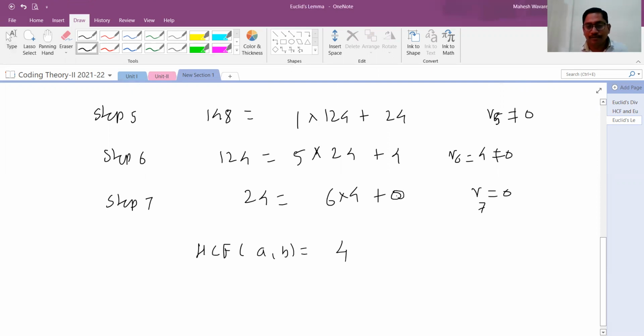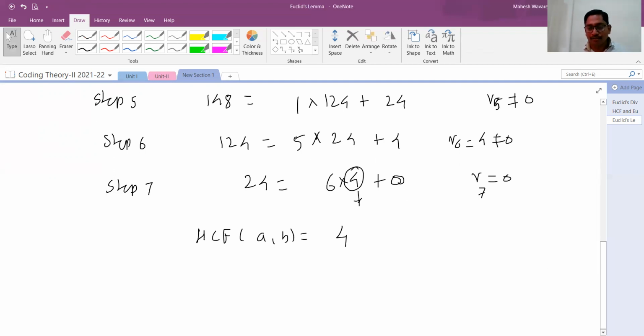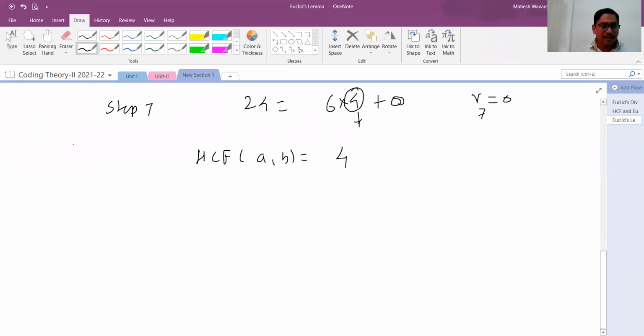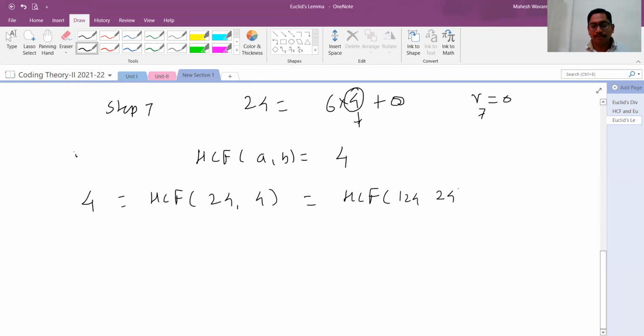The step at which you get remainder 0, the divisor of that step is the highest common factor of the given two numbers. So why is this so? You can easily check that 4 is the highest common factor of 24 and 4, which is nothing but the highest common factor of 24, the earlier remainder, and 124, which is nothing but the highest common factor of 124 and 148, the earlier remainder.